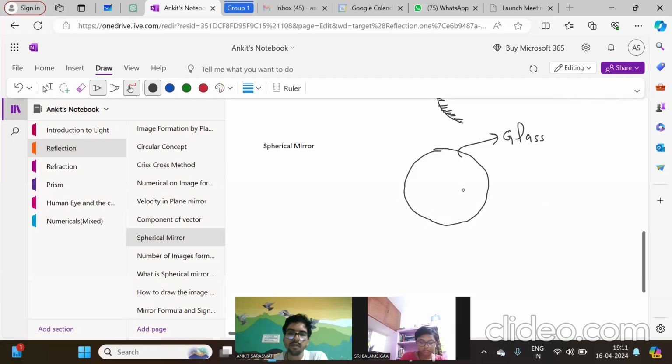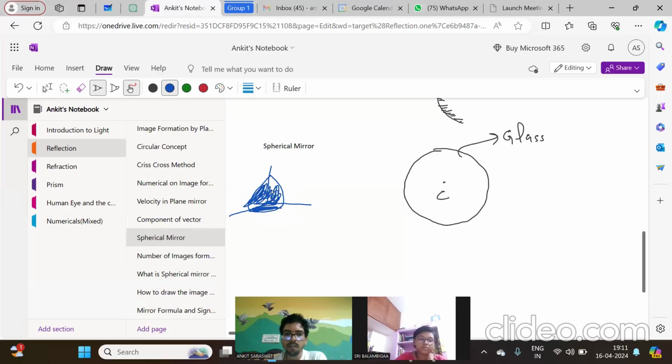And if this is a sphere, then there must be a center. If you are not able to imagine, I can draw 3D also. This is the surface of the sphere.